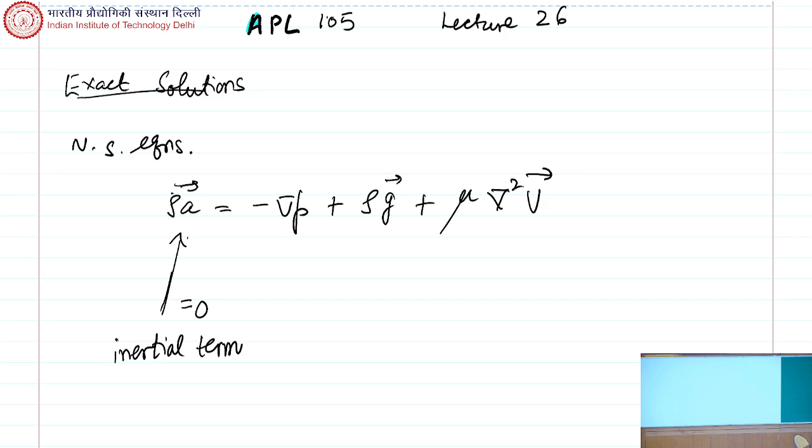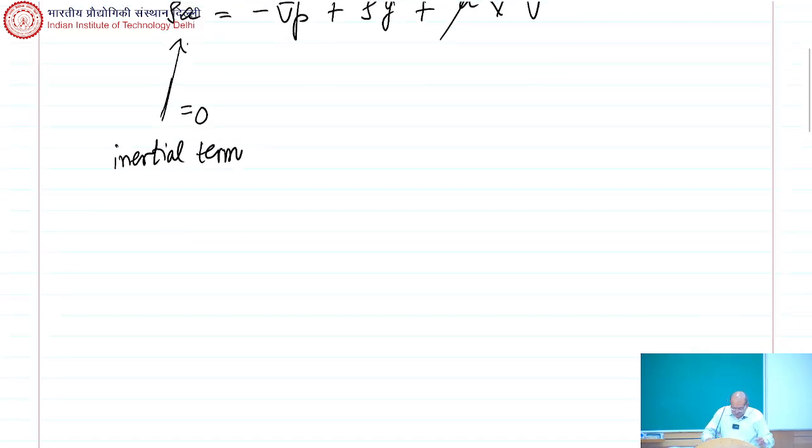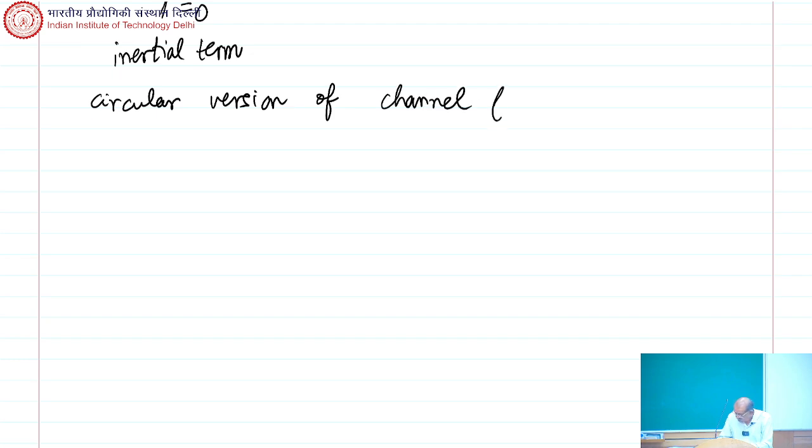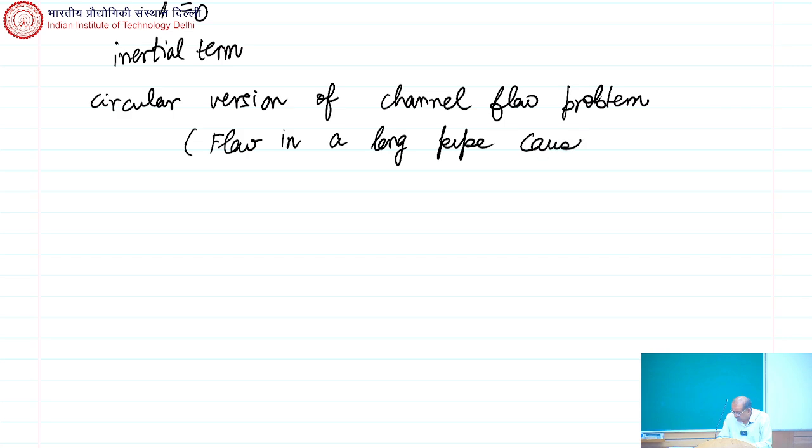Okay. So now let's move to the second example, which I want to do, and this is the one. A circular version of the channel flow problem, which is flow in a long pipe caused by a pressure gradient.